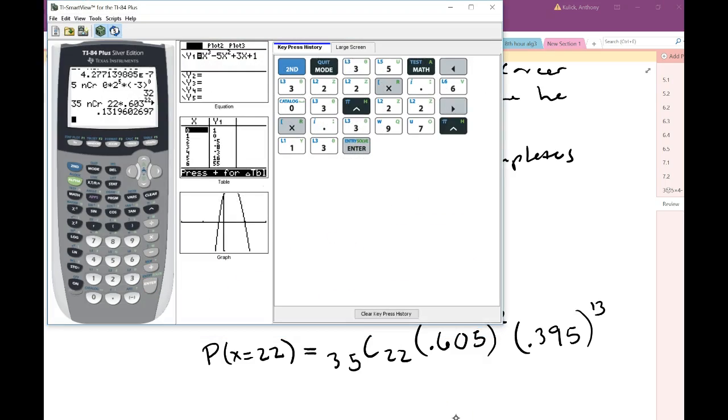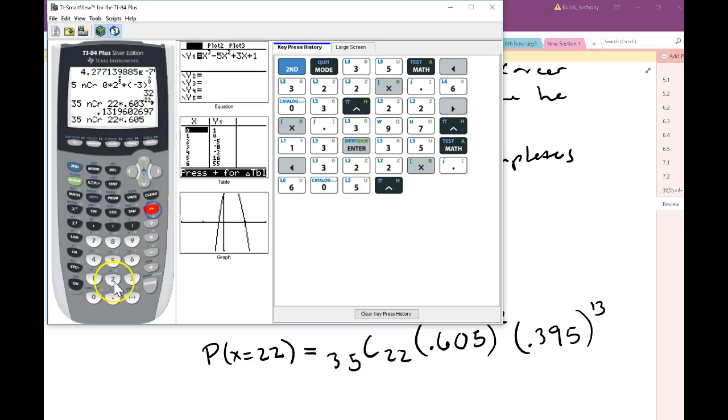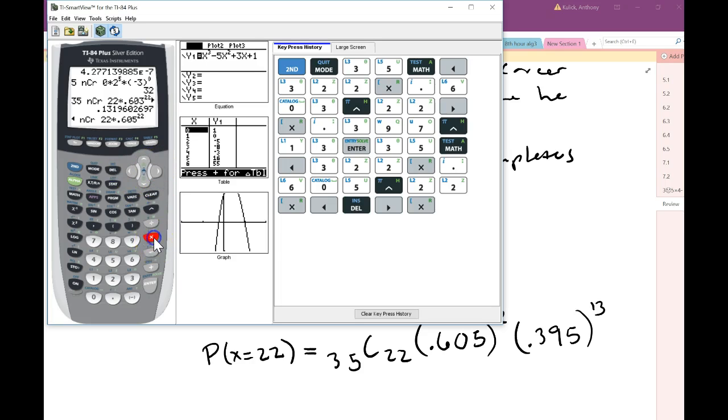So we'll type this into the calculator. I have 35, math, probability, nCr, 22, times 0.605 to the 22, times 0.395 to the 13.